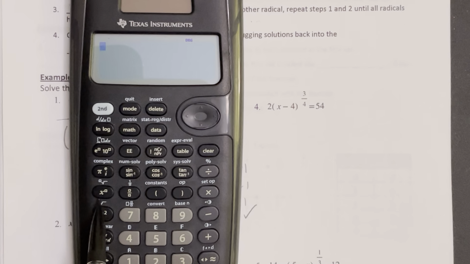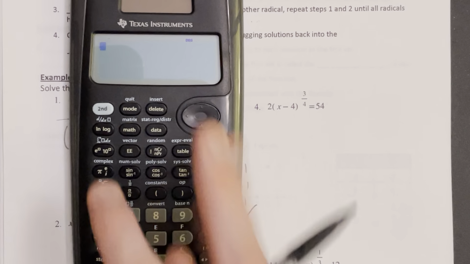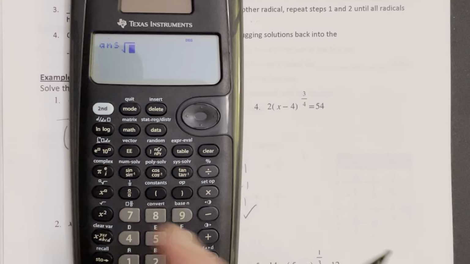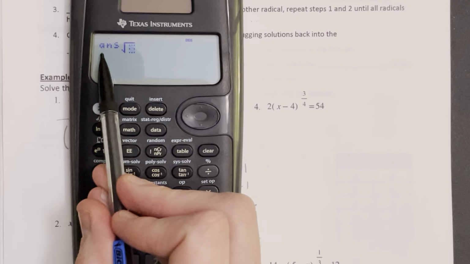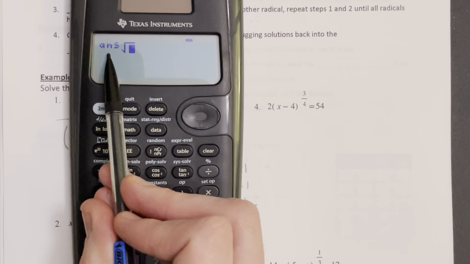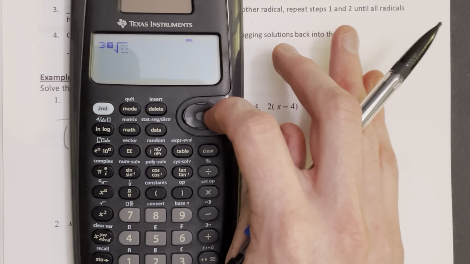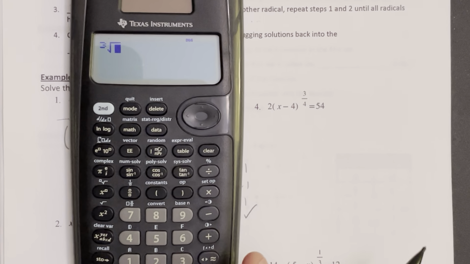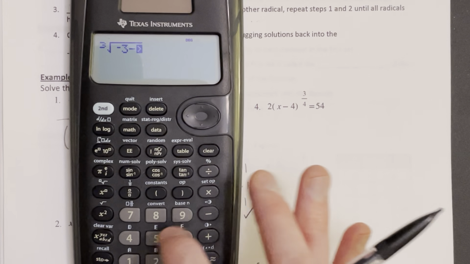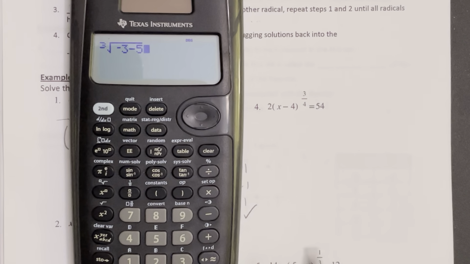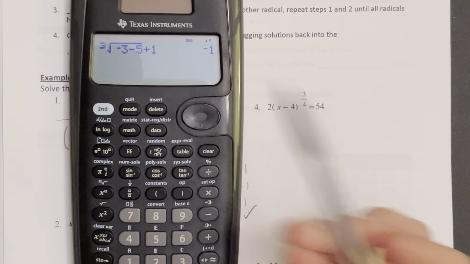But for a cube root, we need the one above that. So second, and this little x to whatever power. It does automatically make this an answer button if you don't have anything previously typed. But you can go to the left and change that to a 3. The cube root of -3 minus 5. Go outside of that cube root and add 1. We do get what we are supposed to, -1.